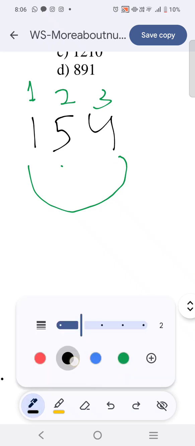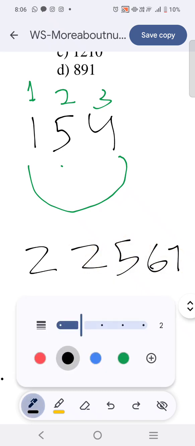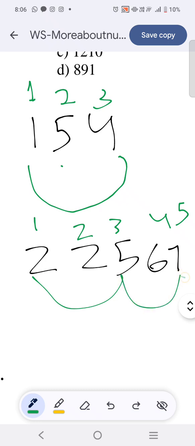For example, right now I'll do another one. 2, 2, 5, 6, 7. This is the number given to us. 1, 2, 3, 4, 5. We'll do addition like this: all the odd positions, then the even positions.